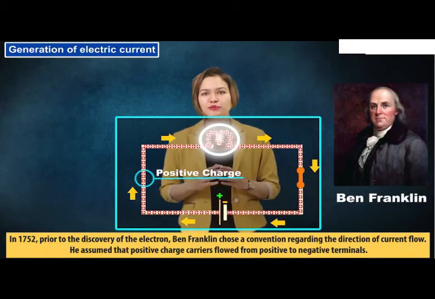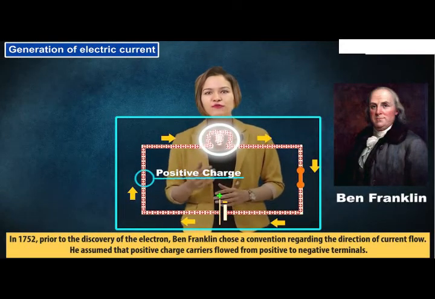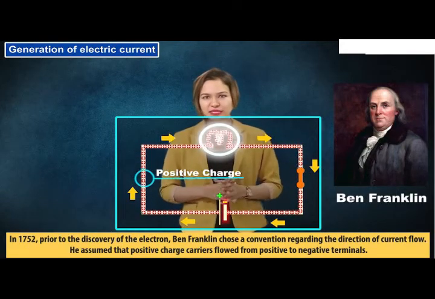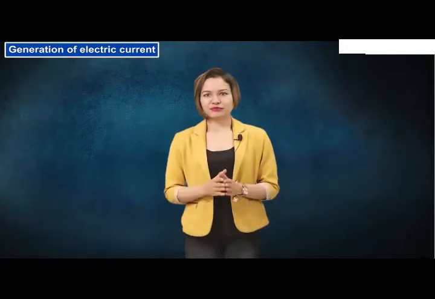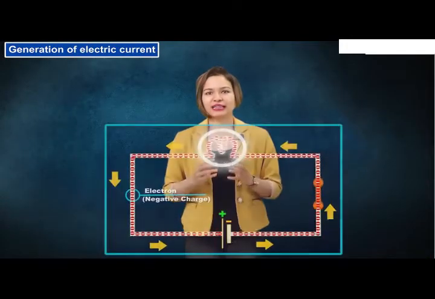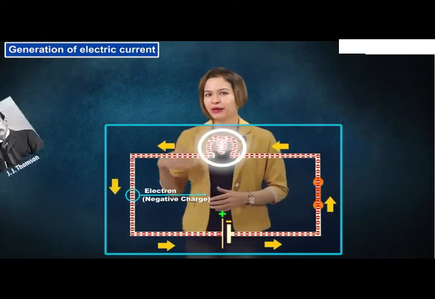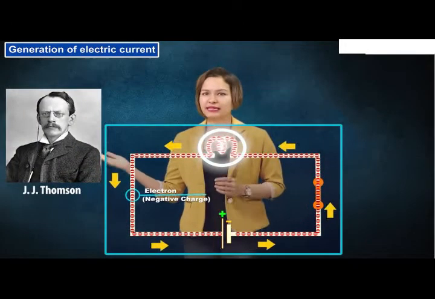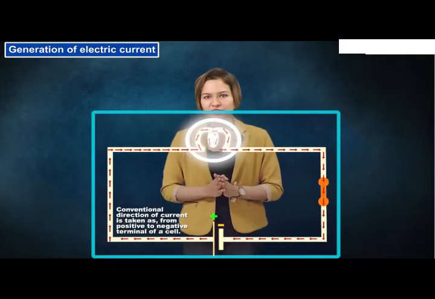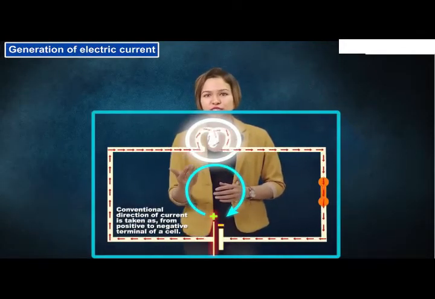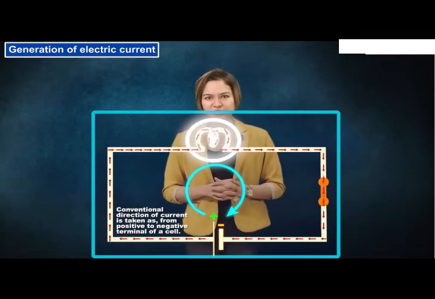He assumed that positive charge carriers flowed from positive to negative terminals. But it was actually the electrons that flow. The electron was discovered much later by J.J. Thomson in 1897.